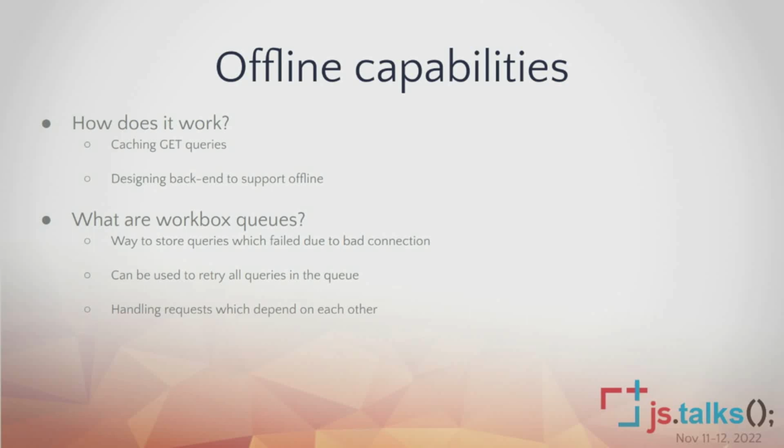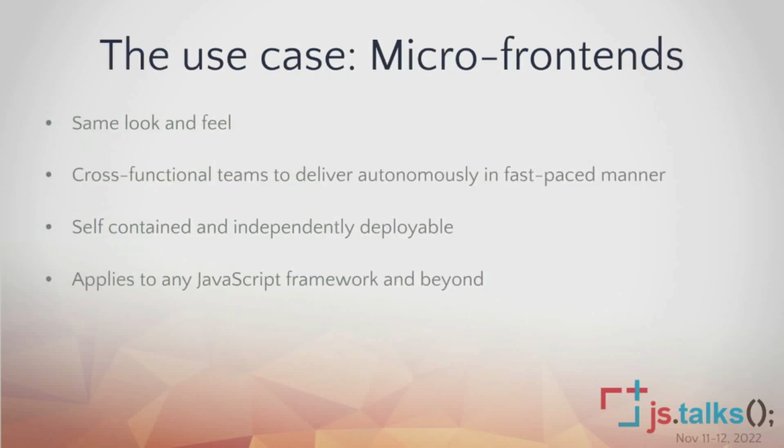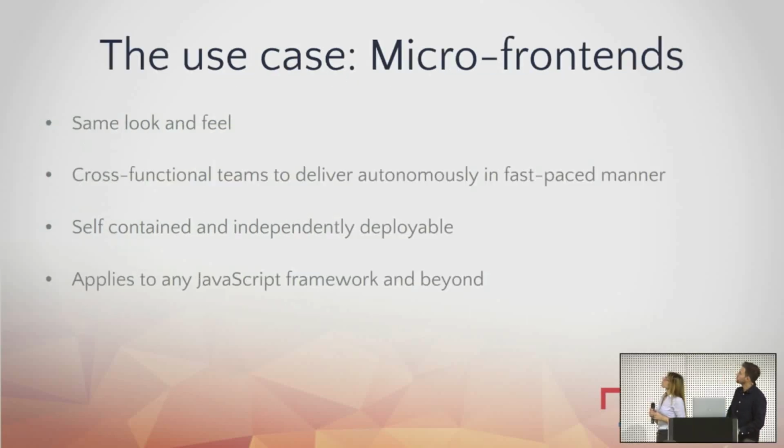So in order to support offline, you need to have a proper backend. It doesn't work just one way or the other. Because in order to support offline, you need to have all the information on startup, which means your backend has to provide it. So if you're choosing this solution, you need to design a backend also.